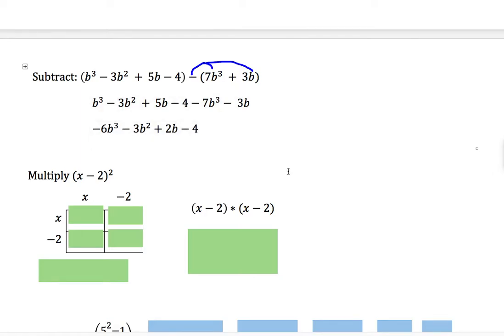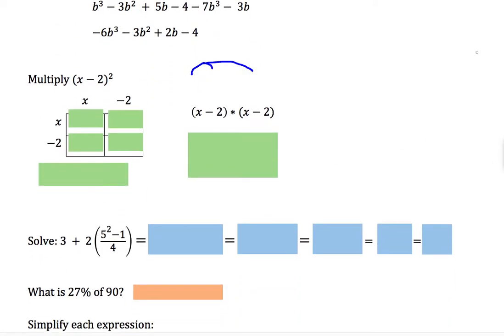We have another situation where we are multiplying a binomial. So we have x minus 2 squared. So x minus 2 squared is the same thing as x minus 2 times x minus 2. And we can either FOIL it or box it.